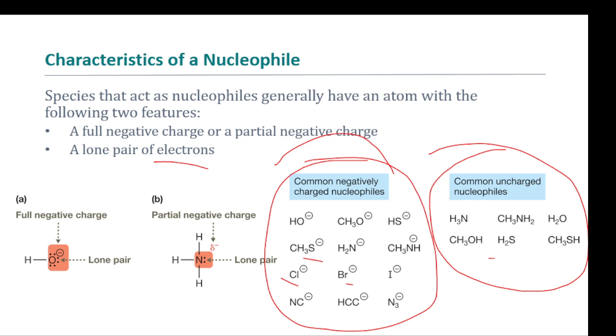Okay? Notice how things like fluoride isn't even in here, is it? F minus. Where'd it go? It seems like from what I said, it'd be perfect, right? But remember, the F minus is actually really tightly packed in there, right? It holds on to those electrons great. And so it can't reach out and touch anything.